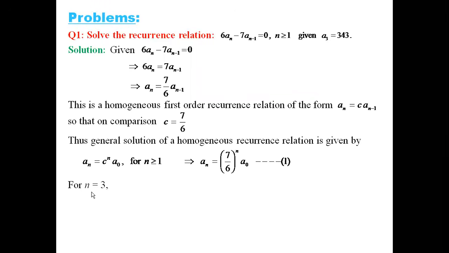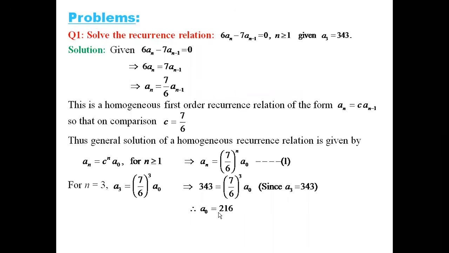So for n equal to 3, equation 1 becomes a_3 equal to (7/6) whole cube into a_0. Substituting the a_3 value as 343 from the given data, we get (7/6) whole cube into a_0 equal to 343. Cross multiplying and simplifying, we get the constant a_0 as 216.